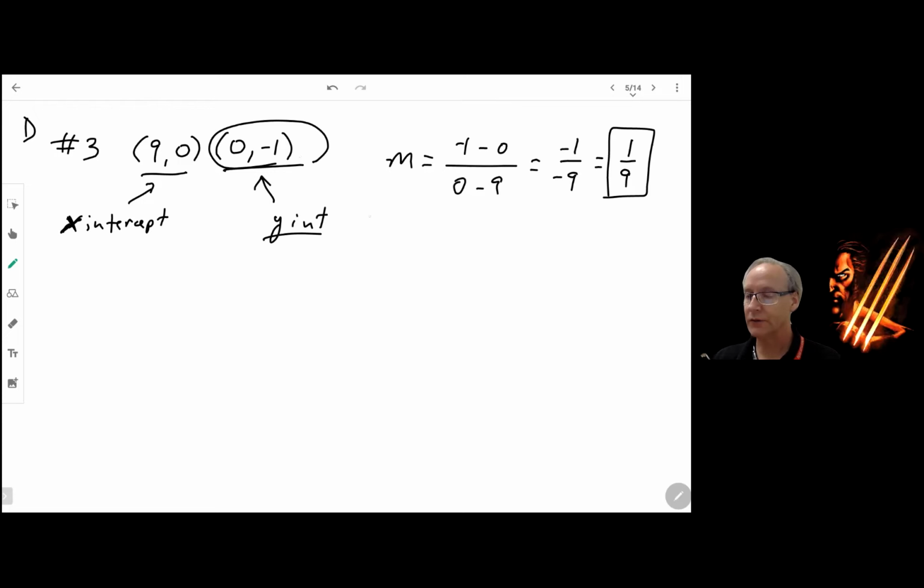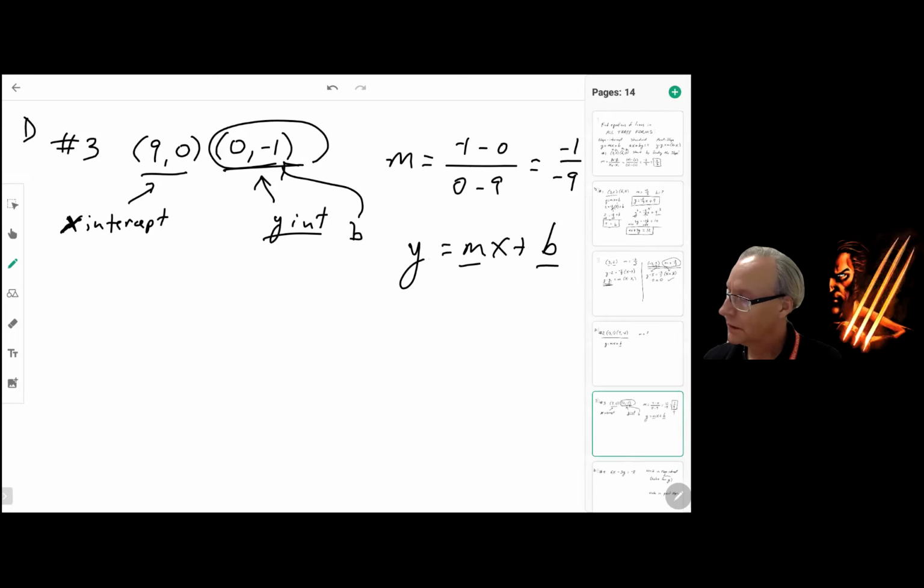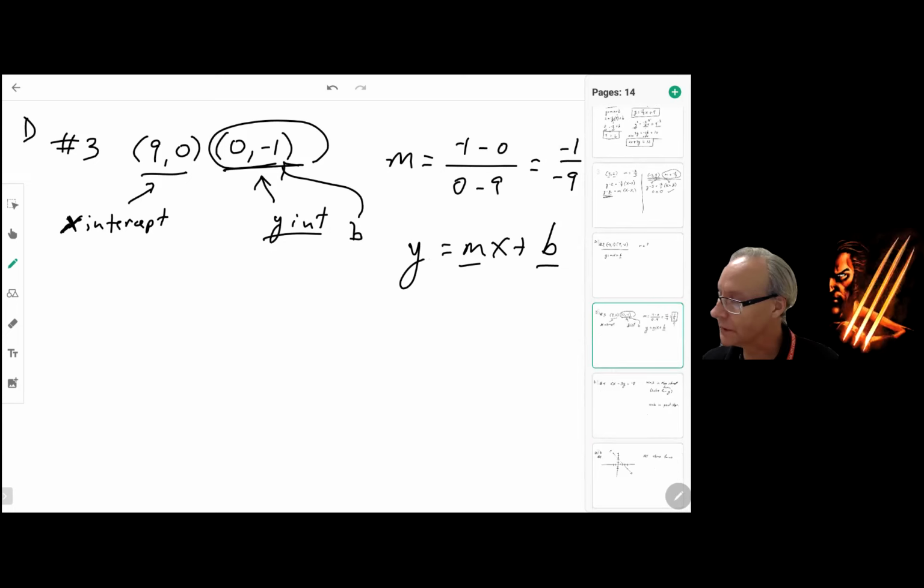There's my b value right there. So I can write the equation y equals mx plus b, because I know the m and I know the b. There's the m, there's the b. And I can also write it in the other forms.